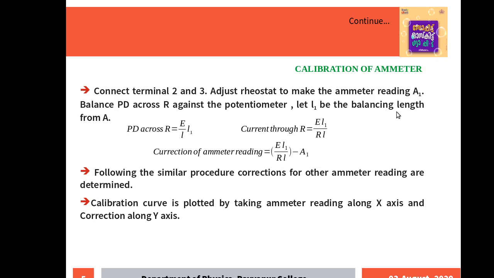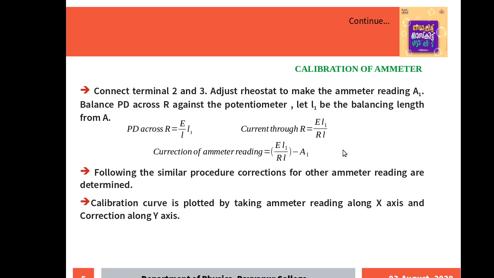But in the higher range, we will get a low reading from the ammeter and the actual value will be greater, so we will get a positive difference. So we can get a negative difference as well as a positive difference. A negative difference is usually seen in the low range, when you are measuring a low current like 0.1 or 0.2. Instead of 0.1, the ammeter may read 0.2 while the actual value is 0.1, so our difference will be negative 0.1.